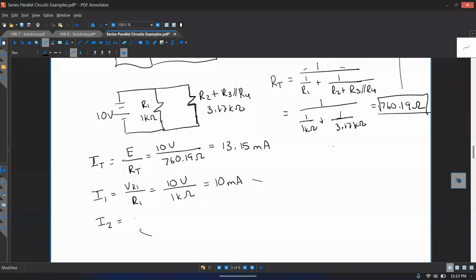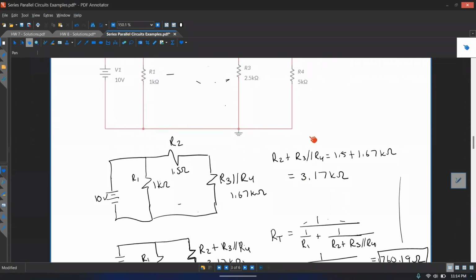I2 equals I total minus I1, which is 13.15 milliamps minus 10 milliamps, which equals 3.15 milliamps.